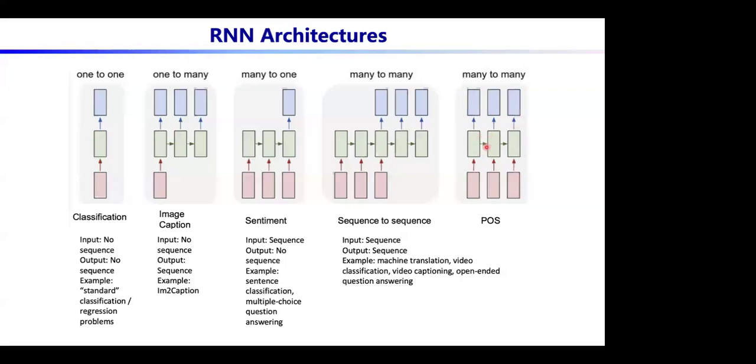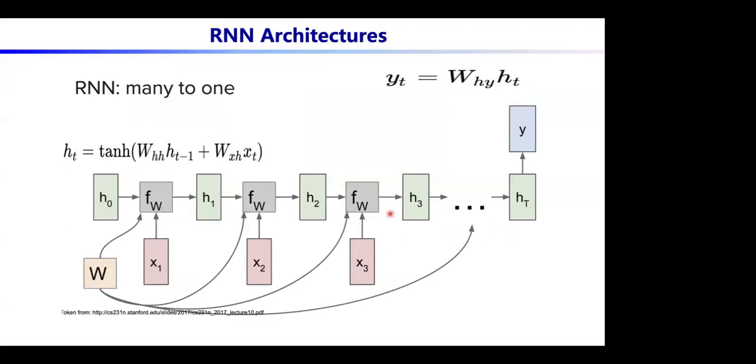This is also many to many, but it's different from the previous one. It is more useful for some kind of biological sequence analysis, mutational effect, and so on and so forth. This kind of thing.